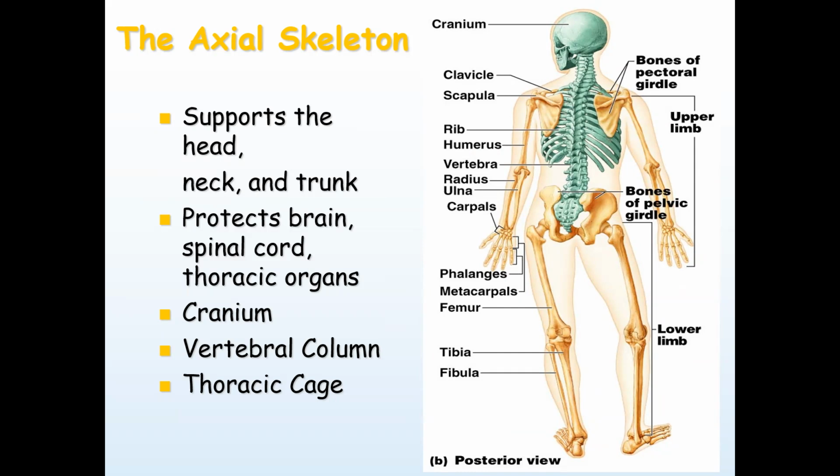You'll notice that they don't protect the abdominal organs. So, of course, your cranium will protect your brain, and your vertebral column protects your spine, and your rib cage protects your thoracic organs. Your kidneys and your liver and your stomach, they're on their own. And we'll talk about why that is in a little bit.